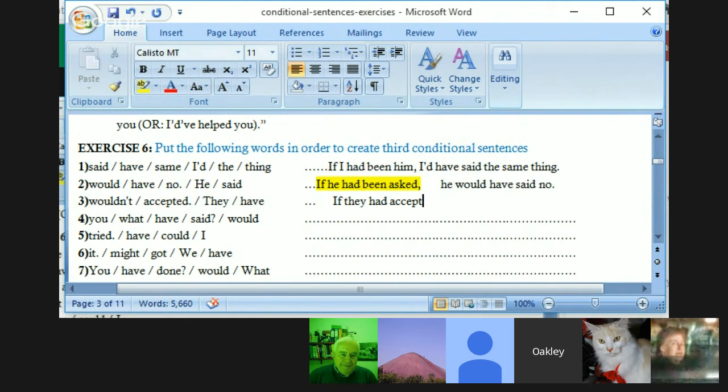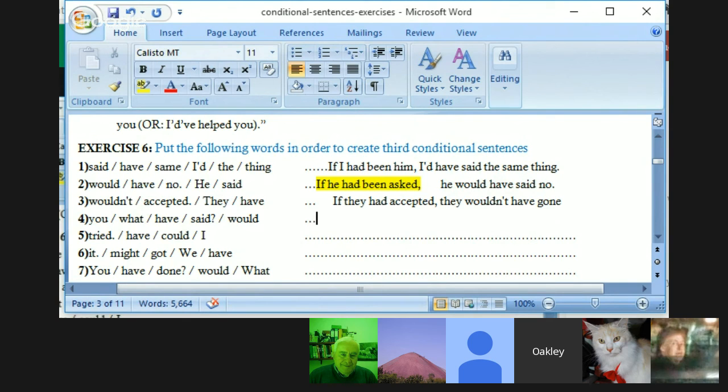They wouldn't have gone. Okay, gone. See, you only have the result clause. They wouldn't have accepted is the result clause. That's the idea. At least your sentence makes sense. I guess this is a little too difficult.